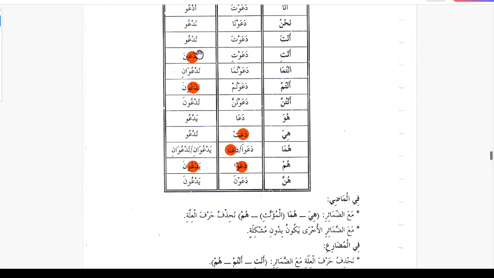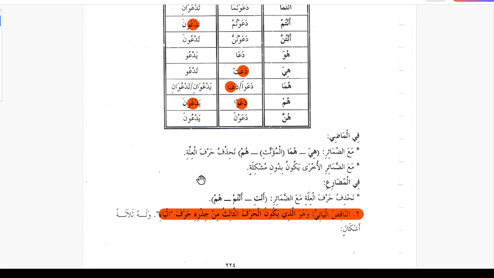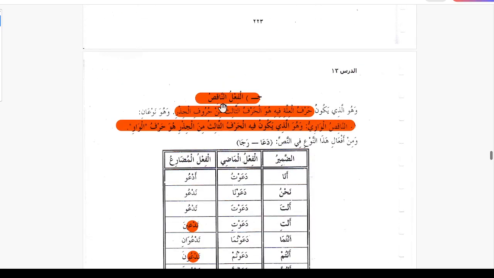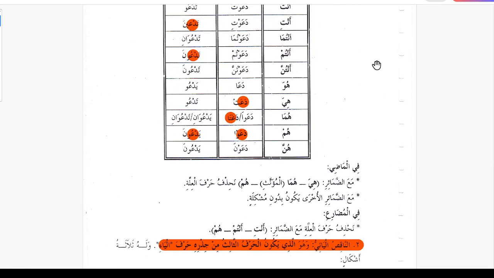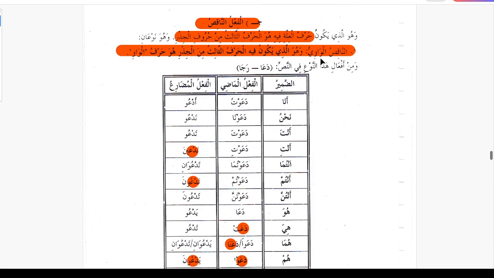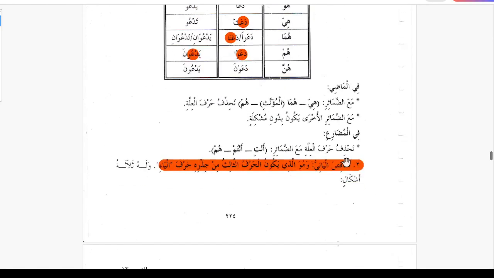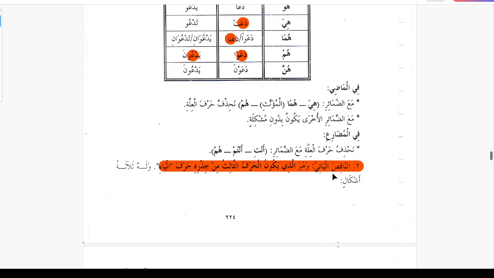So we don't see waw in these three cases: anti, antum, and hum. So that was the first kind of fail naqis. The second kind: naqisul wawi is where the third radical is weak and is waw, and if the third radical is weak and ya, then it's called naqisul yai.